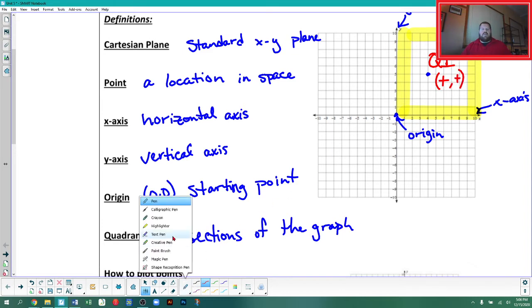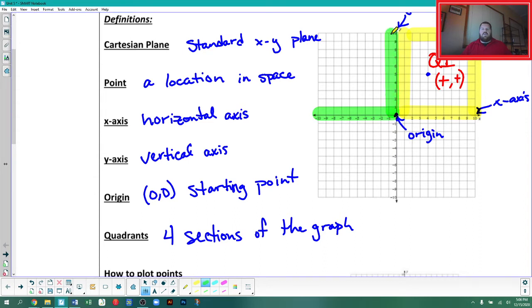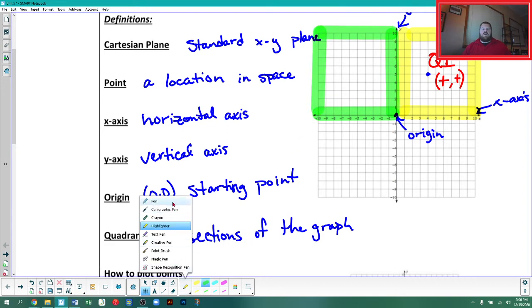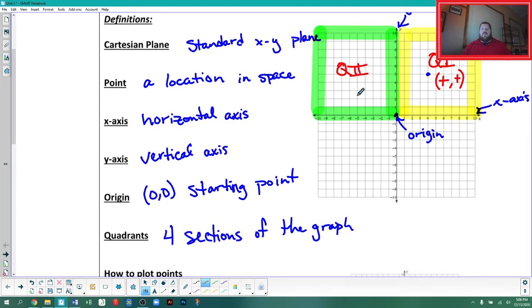So positive, positive. If we look at this one here, to go beyond quadrant 1, we go counterclockwise, which is a little bit weird, but it is what it is. Over here we have Q2. And in Q2, all the x values are negative, and the y values are positive.